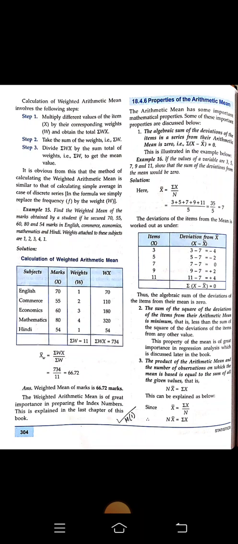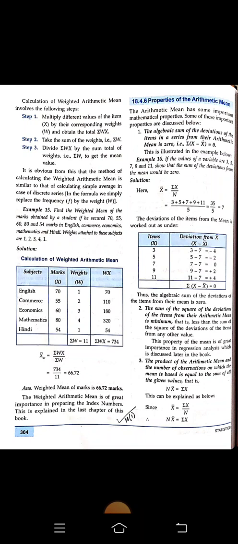So, first they have told us about the English. You can see in the subject list, English, Commerce, Economics, Maths and Hindi is there. According to the series they have told, it just has to be written in the same series. Marks they have also told, 70, 55, 60, 80 and 54. In the same series it is written. Subject weight. What is the weight of the subject? So 1, 2, 3, 4 and 1.